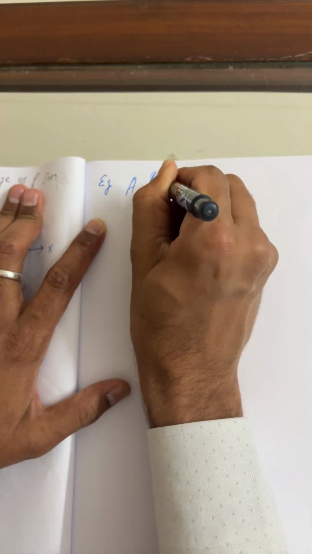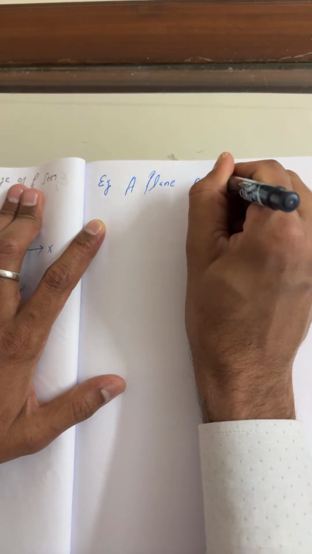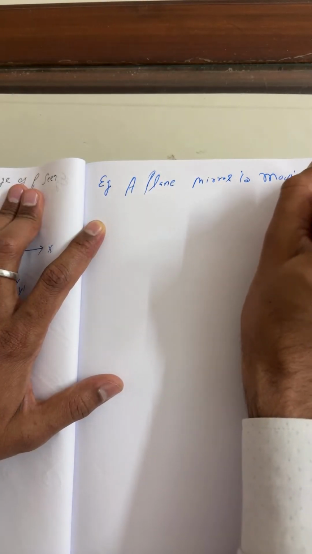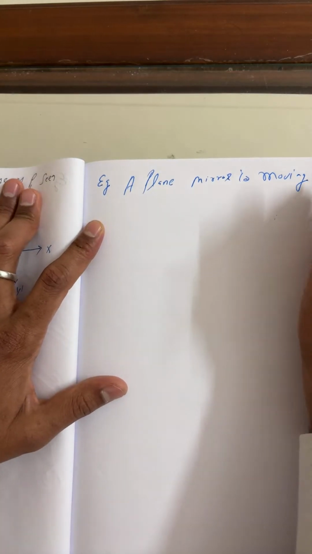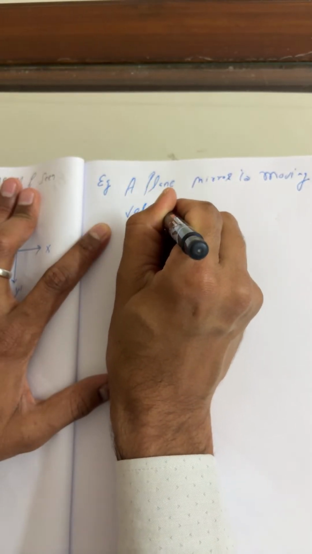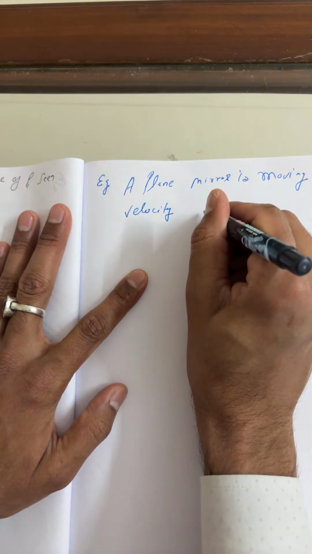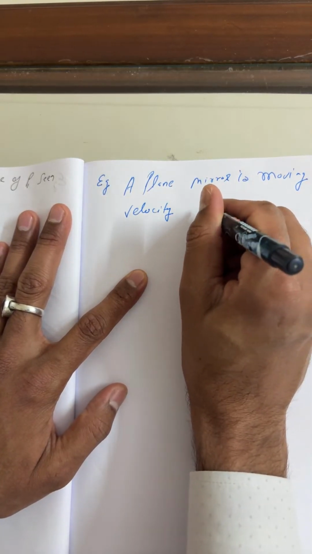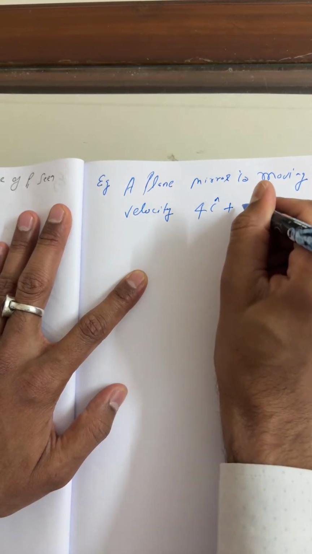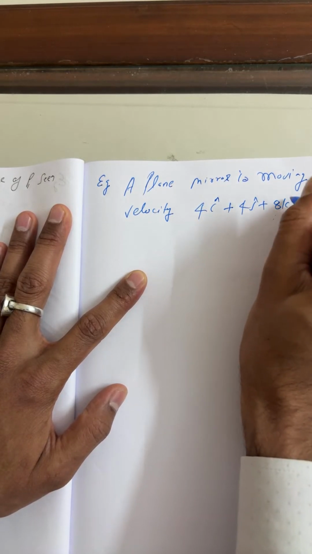A plane mirror is moving with velocity 4 i cap plus 4 j cap plus 8 k cap.